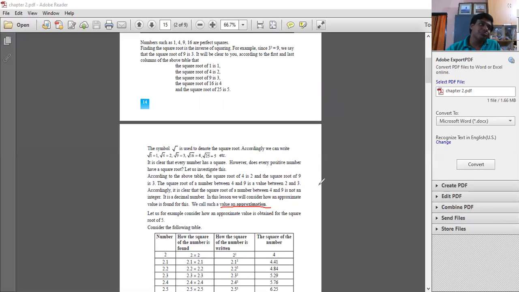Ladies and gentlemen, I hope you guys are doing well. When I started this chapter today, I was thinking about what you guys might be doing today, because today is a very good day to do square roots.